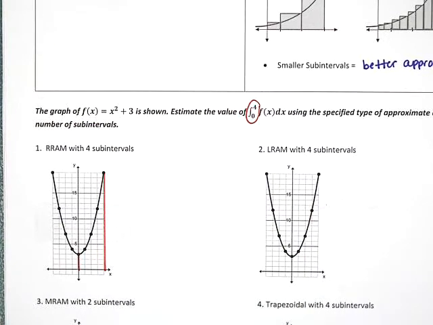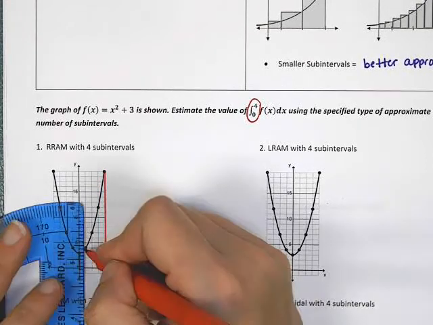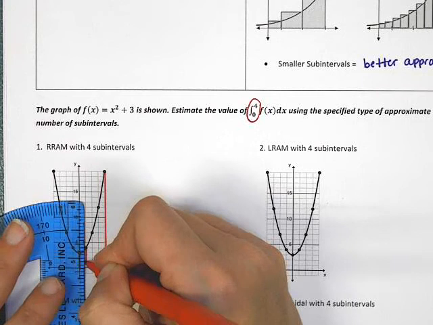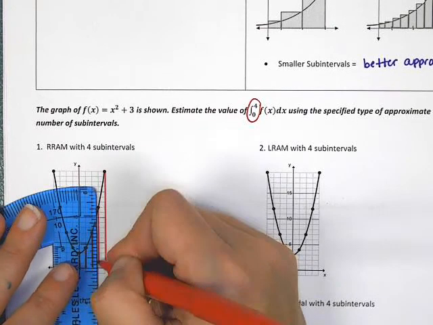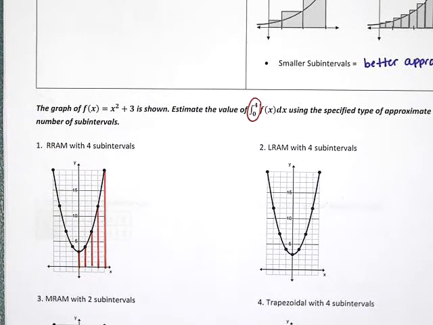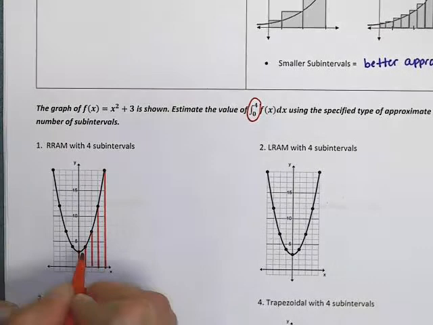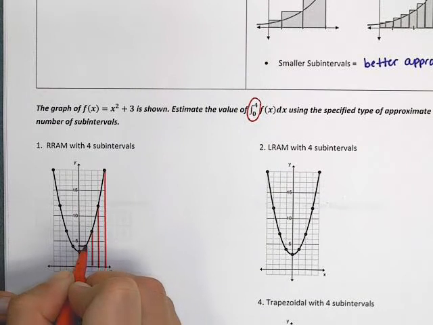Now it says to use 4 subintervals. So between 0 and 4, if we make 4 subintervals, the graph divides up nicely at the integer x values. So by drawing in these lines at 1, 2, and 3, I make 4 subintervals. Now our RAM says choose the right side. So between the 0 and the 1, the right side is the 1.